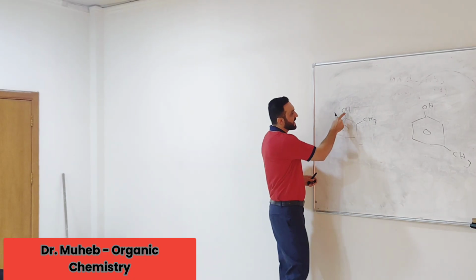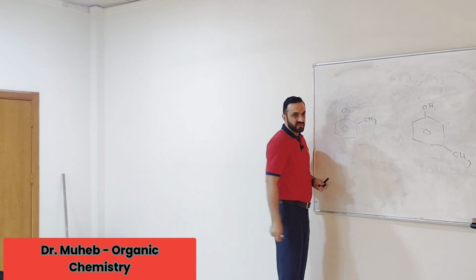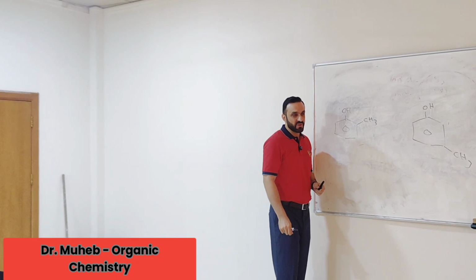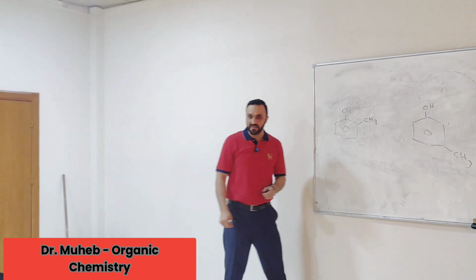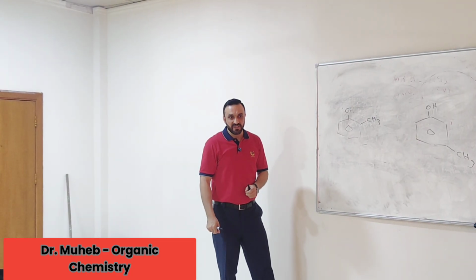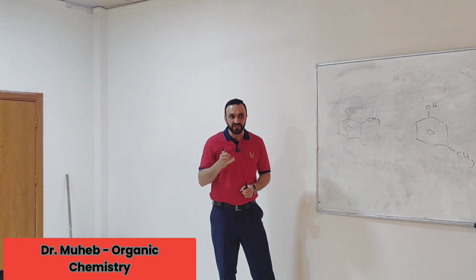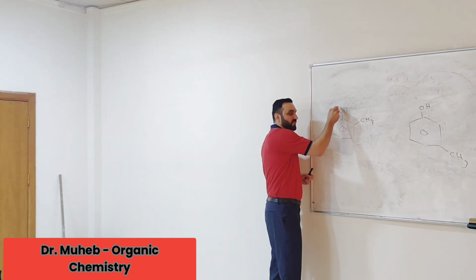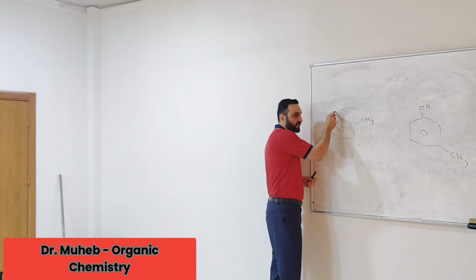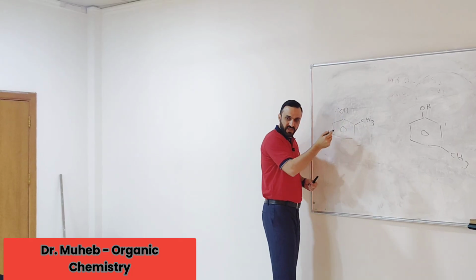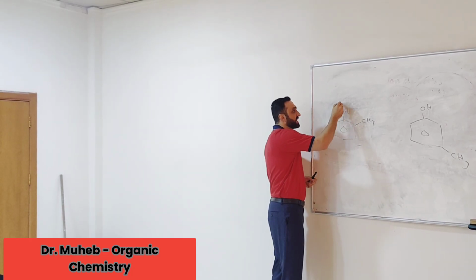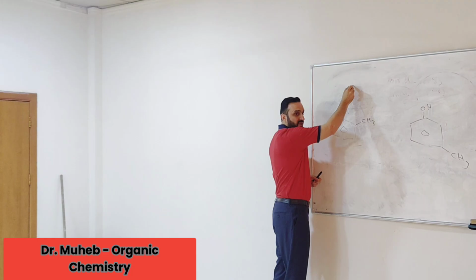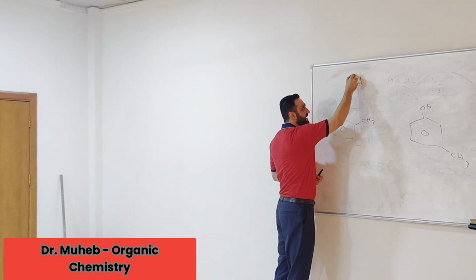Okay. Can this make a hydrogen bond with this? No. Because what is the condition of the hydrogen bond? You need a lone pair of electrons on oxygen, nitrogen, or fluorine, which makes an attraction with an acidic hydrogen.